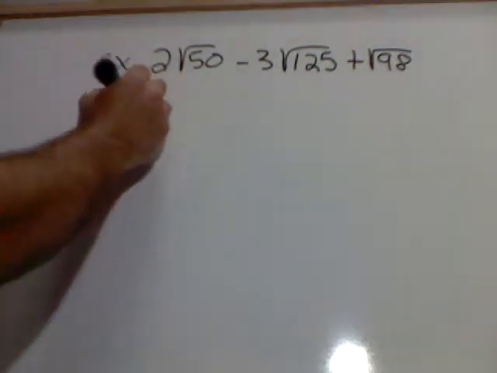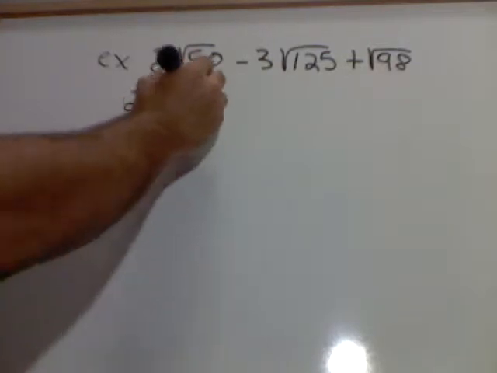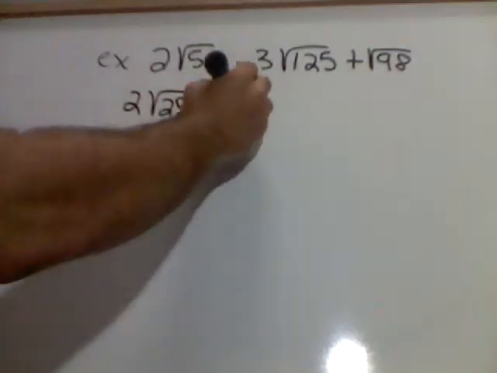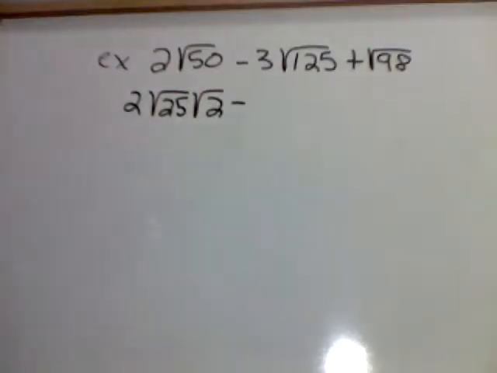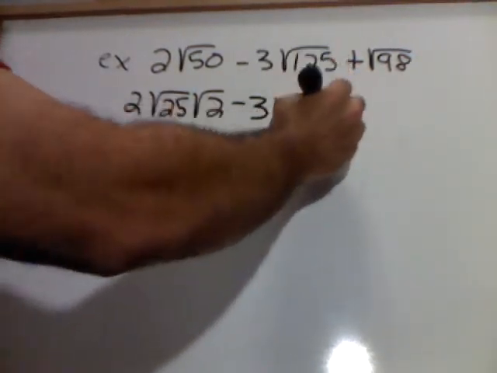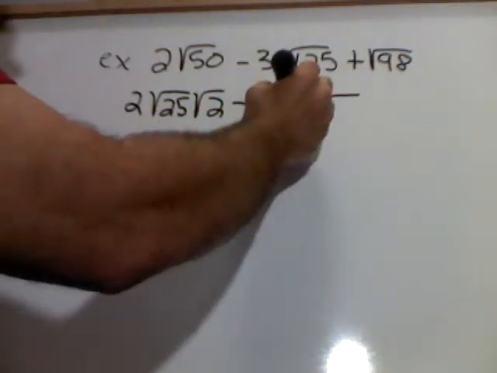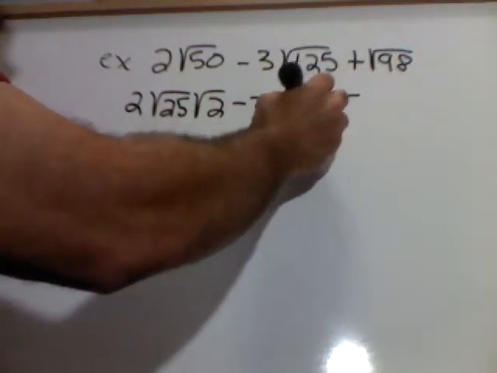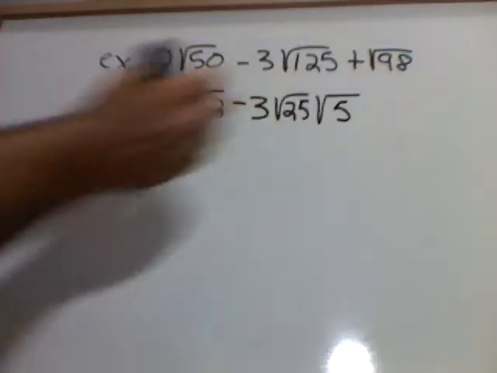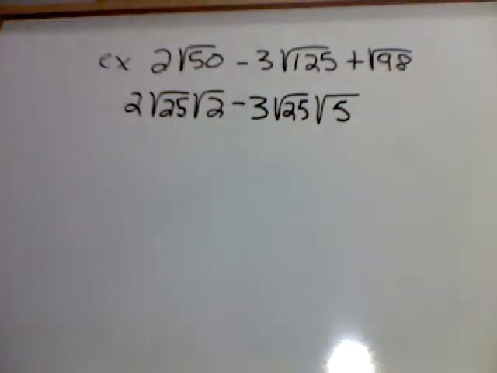Let's go. 2 square root of 50, I will make 25 and 2, since 25 is the largest perfect square. Then I have 3 times the square root of 125, which I will break into 25 and 5. Once again, 25 is the largest perfect square that is a factor of 125.